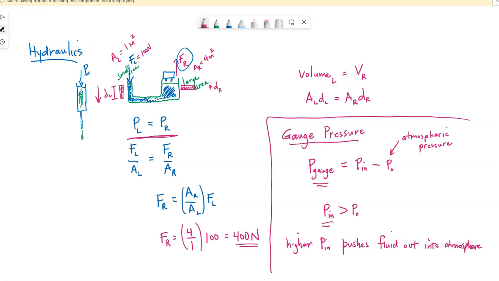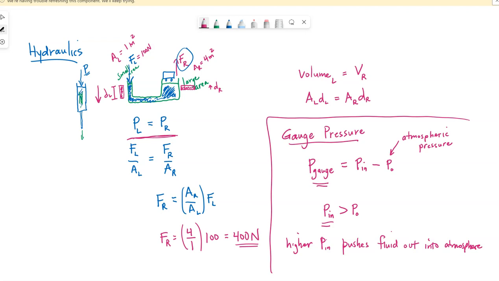If there was no difference in pressure, then nothing would happen when we pull the trigger on the fire extinguisher. So that difference in pressure is needed in order to be able to use the fire extinguisher for useful purposes.